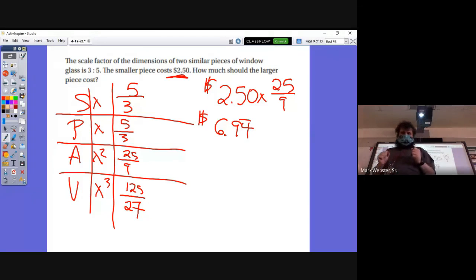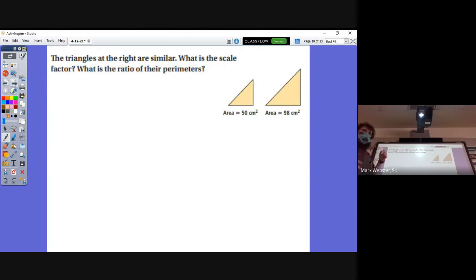All right? All right, so last set. Here, they're giving you the areas, and we want to find the ratio of the perimeters. All right? So now we're like going the other way, right?